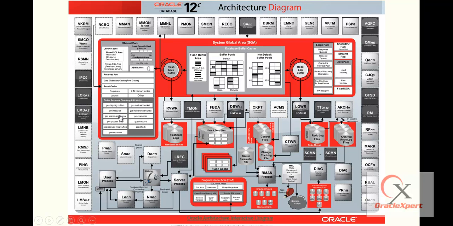Both latches and enqueues, as I mentioned, are locking mechanisms, but I also said enqueues are more sophisticated locking mechanisms than latches. Now assume two processes are trying to do the same activity at the same time. Latches would only allow one of the processes to do it, whereas many others willing to do the same activity will go for a random milliseconds of sleep, and then they wake up at a random time.